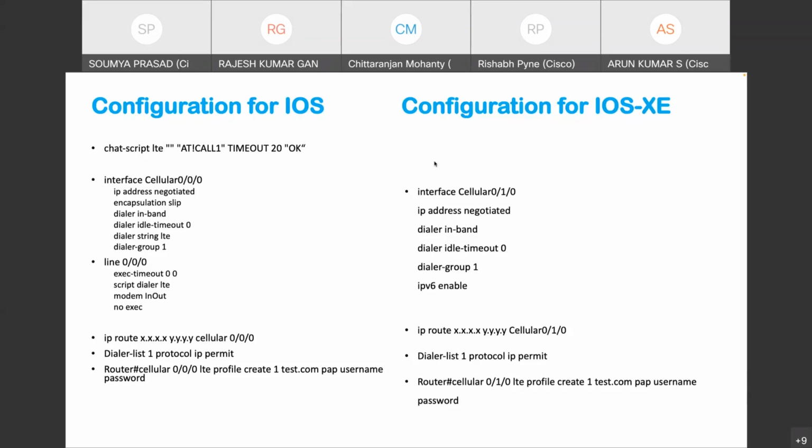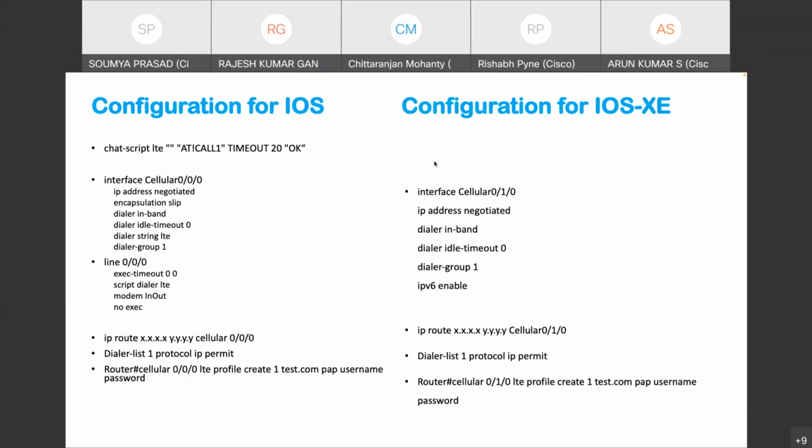When you're checking the configuration, the first thing to check is the profile configuration, second the line configuration if it is IOS, then the interface configuration, the controller configuration, and the static route. If it is IOS, we need to check the chat script as well.